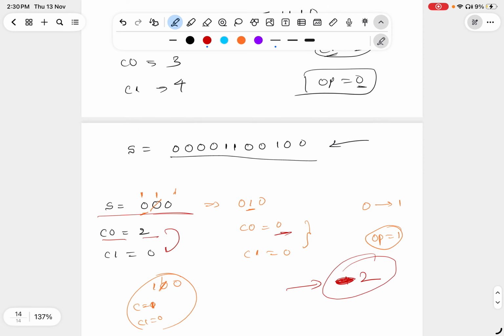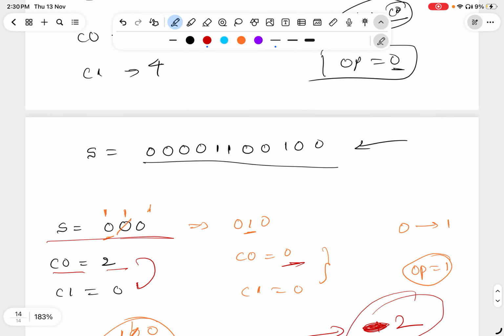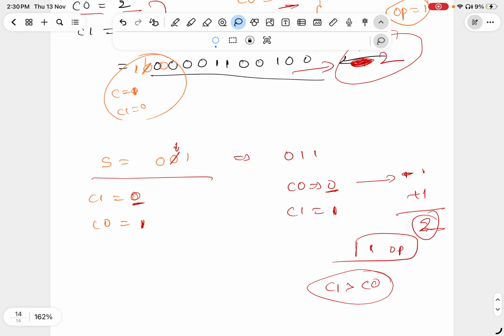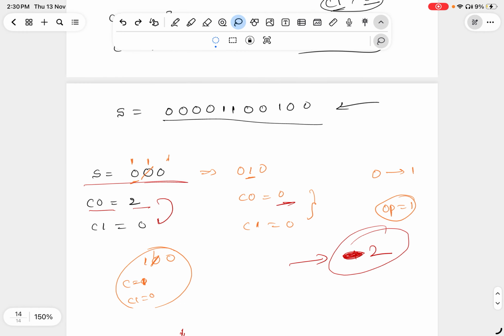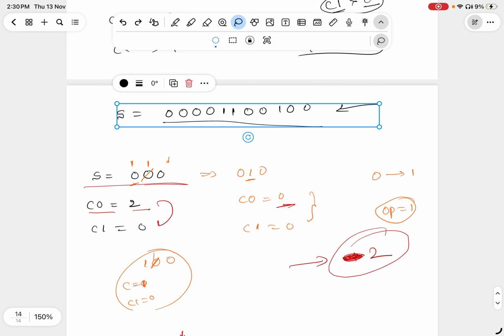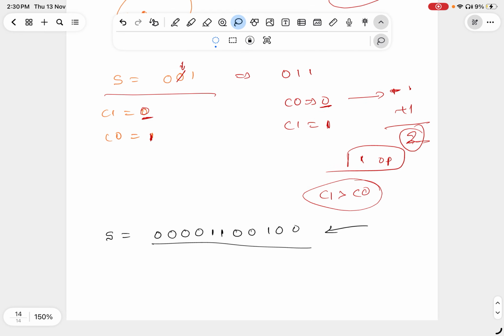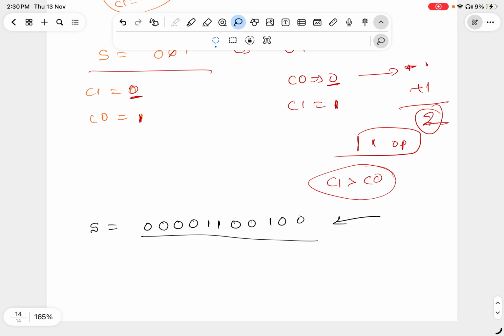Now in a similar way, let's take this string. If I optimally choose certain bits, I choose this one. Initially my C0 is 1, 2, 3, 4, 5, so I have 5 C0s, and C1 will be 1.